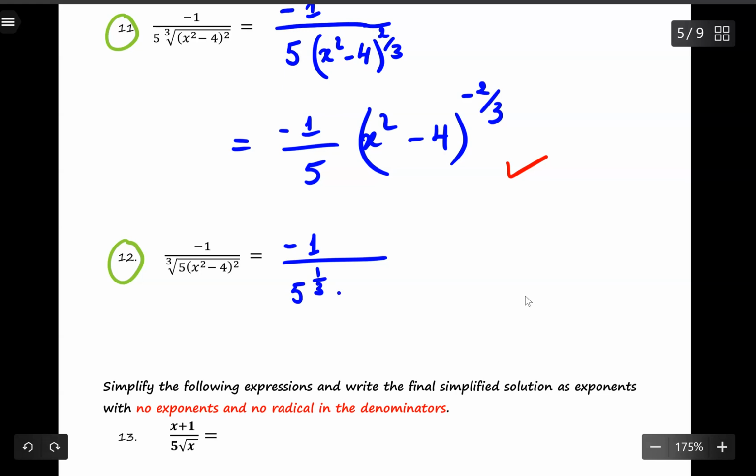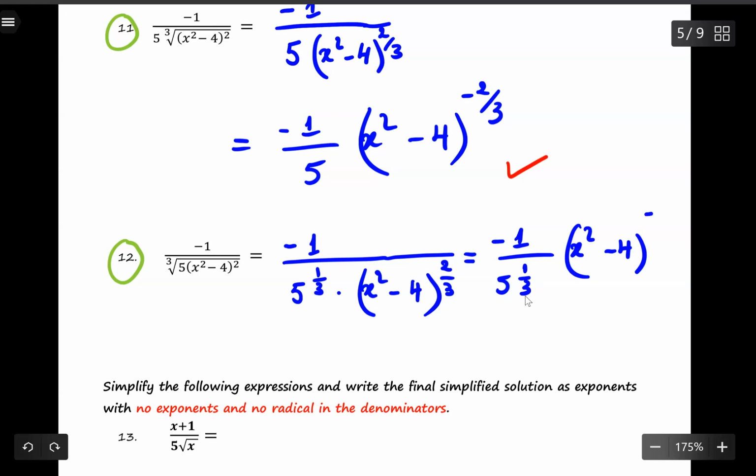Then you multiply this with x squared minus 4 raised to the exponent 2/3. Then what you do is -1 over 5 to the 1/3, and then x squared minus 4, all of it raised to the exponent -2/3 as the numerators. Alright, okay.